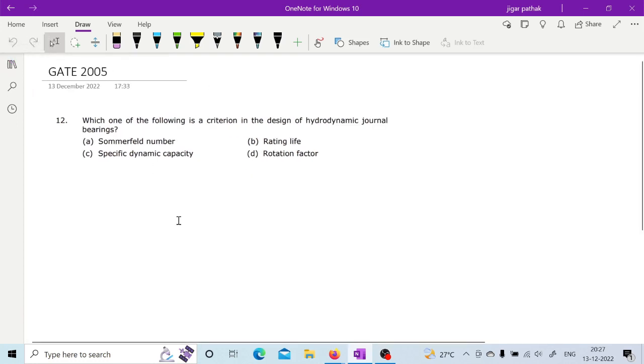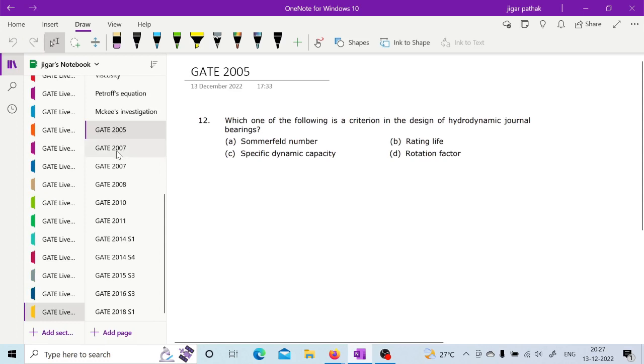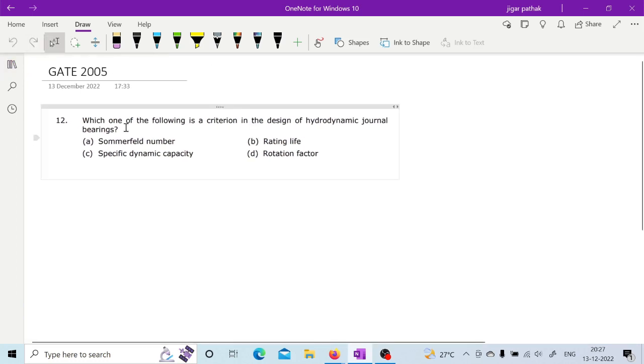If you see this question, which one of the following is a criterion in the design of hydrodynamic journal bearing? So basically what we have discussed is known as the Sommerfeld number, I guess. That particular Petrov's equation that we have seen, that number is known as the Sommerfeld number.